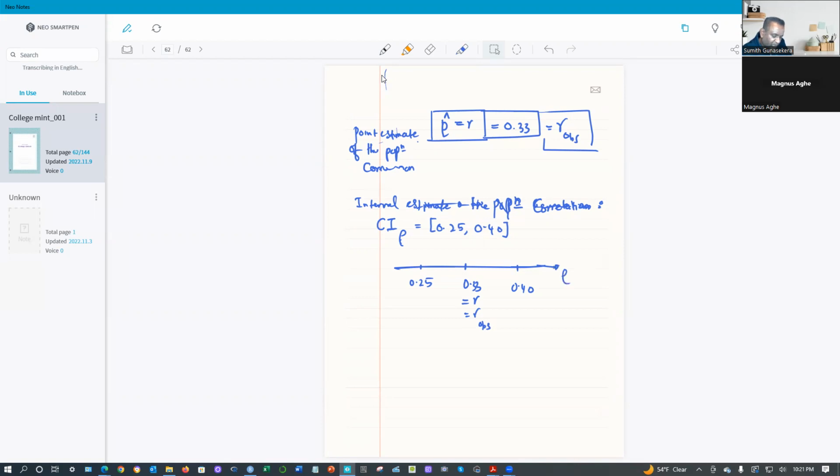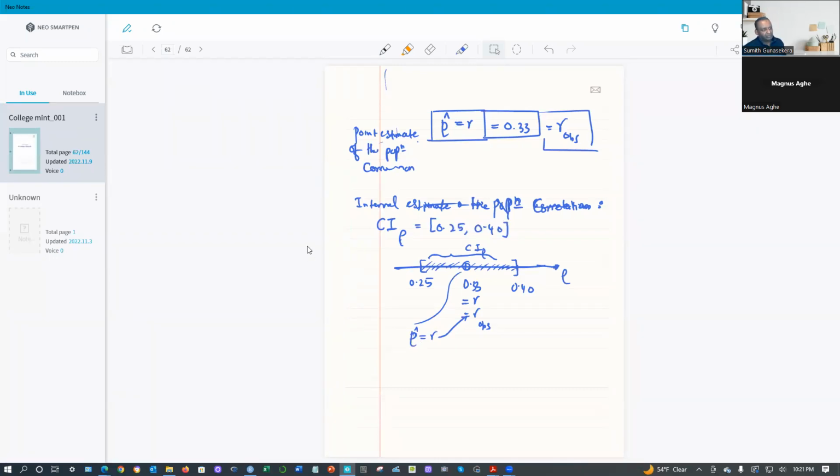For rho, you can get the point estimate or you can get the interval estimate, meaning any value in between this. That's the interval. It's the CI for rho. It's the rho hat, which is R, which is this one, R obs.